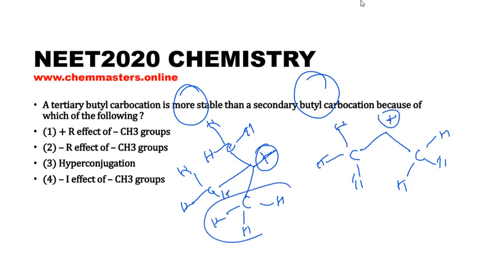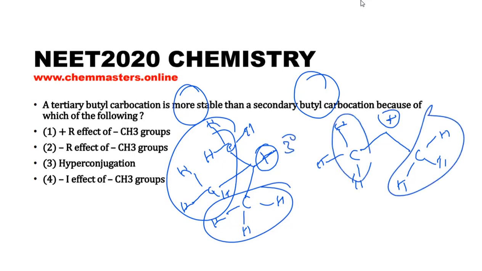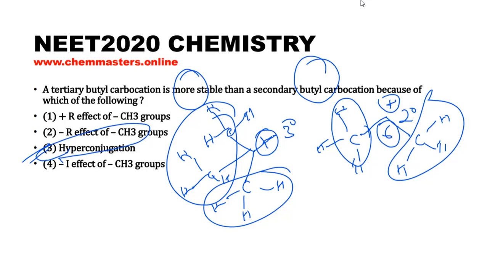You can see 9 hyperconjugations are possible for this tertiary, 6 hyperconjugations are possible for this secondary. So whenever the hyperconjugation increases, stability also increases. The same question was given in our whole questions, you can see. So that's why hyperconjugation is the correct answer for the given problem.